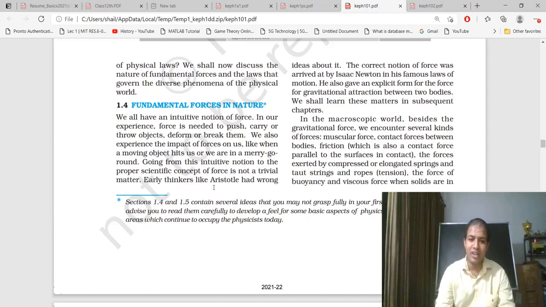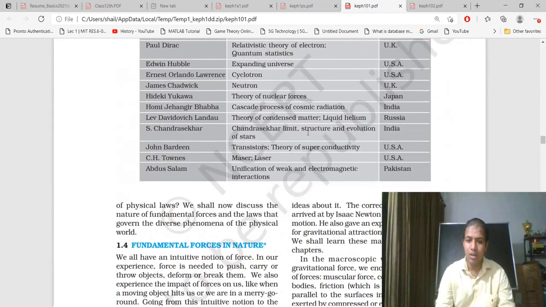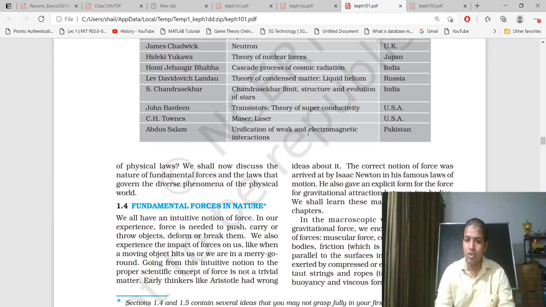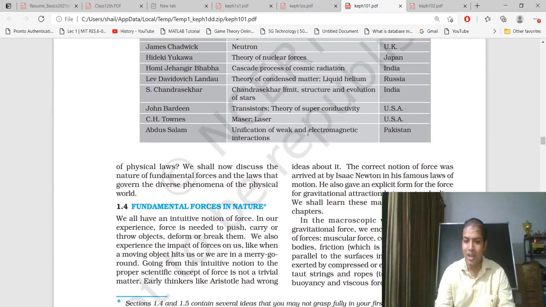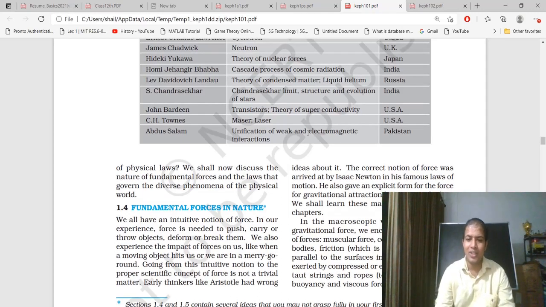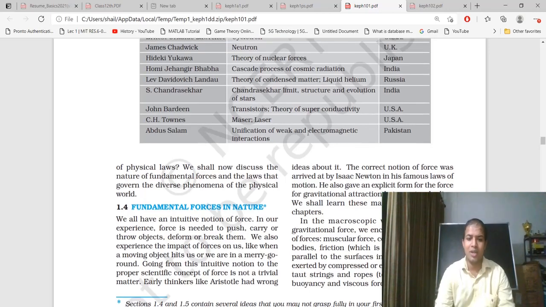Early thinkers like Aristotle had wrong ideas about it. The correct notion of force was arrived at by Isaac Newton in his famous laws of motion. He also gave an explicit form of force for gravitational attraction between two bodies. We shall learn these matters in subsequent chapters.